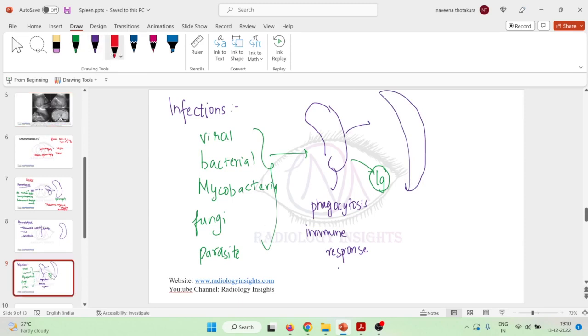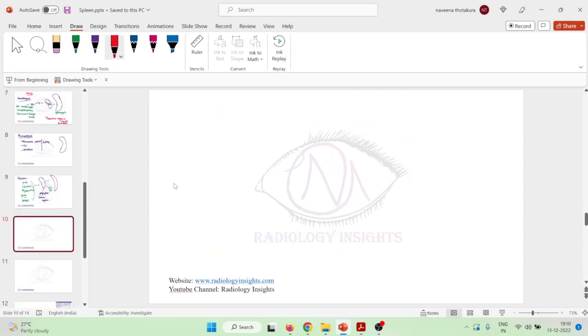Among the infections, one important thing is that there are some severe infections like visceral leishmaniasis, which is caused by Leishmania donovani. Then we have hyperreactive malarial splenomegaly syndrome.